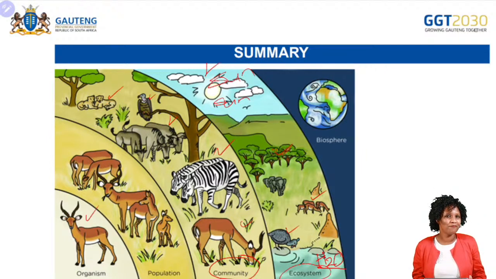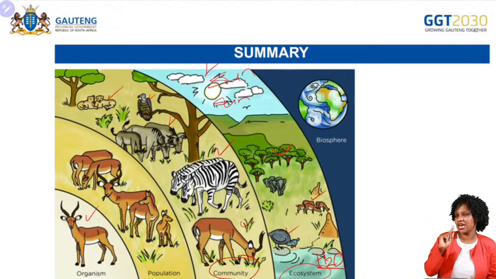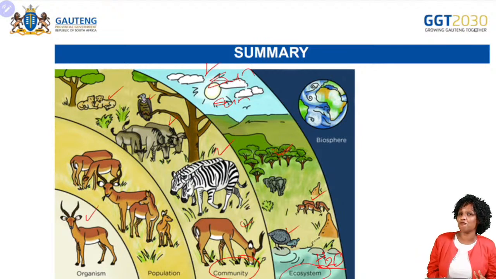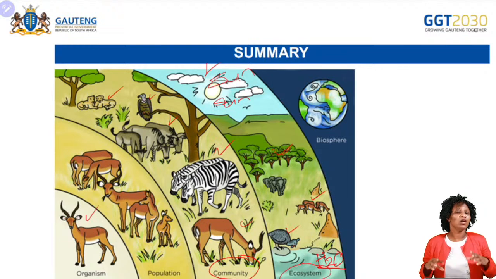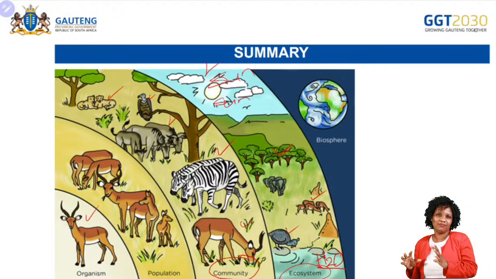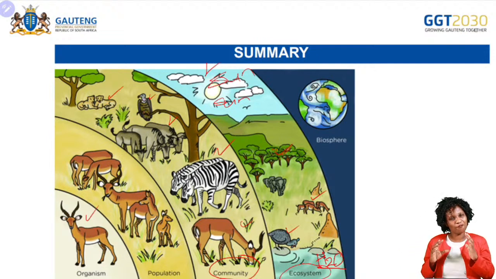It will be able to grow. Remember, plants are producers, and we've got only one producer, which is plants. They produce their own food. And then we've got the products that we get from plants.